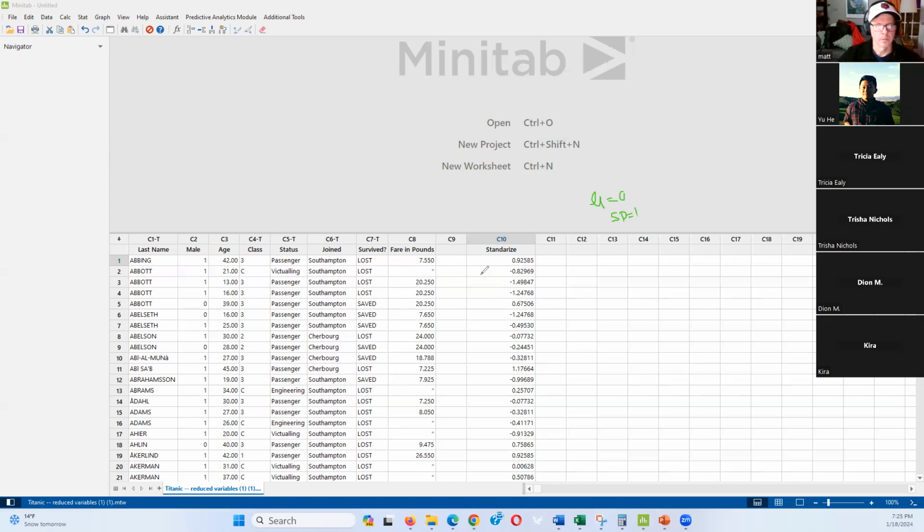And now I can demonstrate that. Professor, the standardized number, is that the z value? Yes, that's correct. This is a z value. Thank you. So for example, if I take the average of the entire age, whatever the average, if I take 42, x value is 42 minus the average of all these, divided by the standard deviation of this entire data.